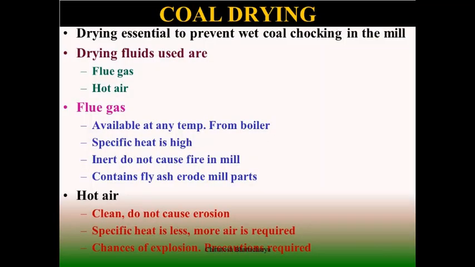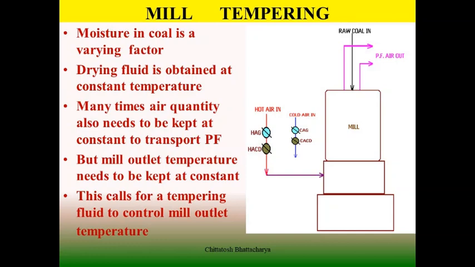As a part of pulverizing, drying is a prerequisite, and if we cannot ensure drying, we cannot ensure generation of pulverized coal in powder form. We will get a paste. So naturally for drying we have hot air supply or flue gas supply as a drying medium, so that sufficient energy is available for drying the coal, demoisturizing the coal particles before they are turned into smaller particles and pneumatically conveyed.